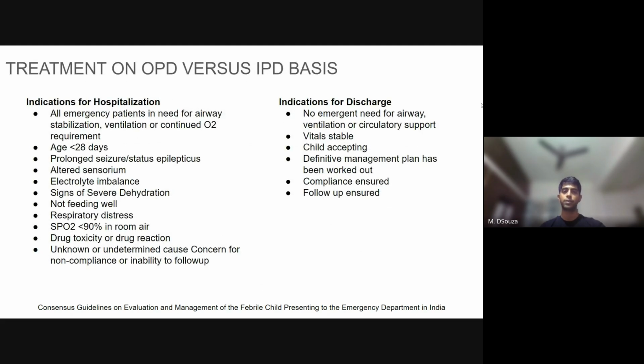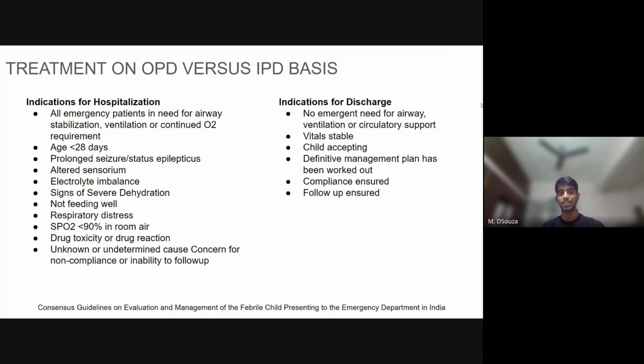Treatment, to decide on whether you want to admit the child or treat them on an OPD basis, the general things that you would look for is whether the child's ABCs for one are intact. Conditions where ABCs may be compromised would include things like croup. For children in the neonatal age group, when it's a neonate, there you have a completely different workup altogether for fever, and in these cases you would want to admit the child.